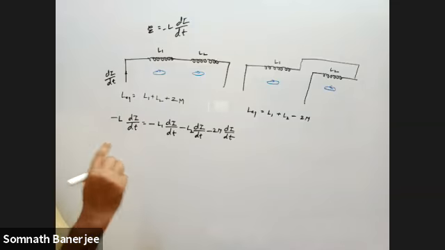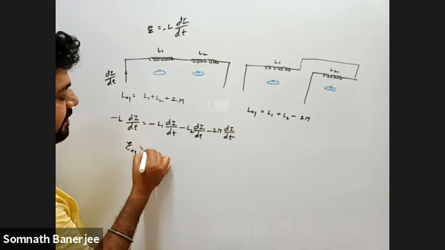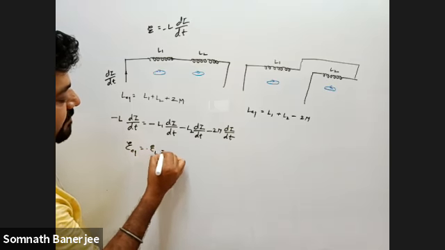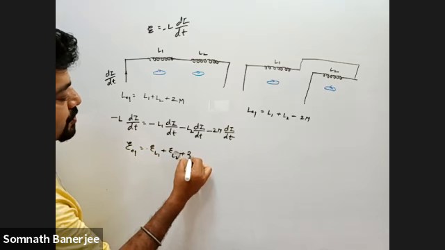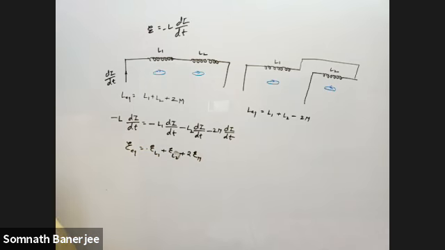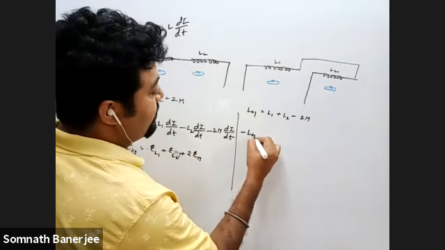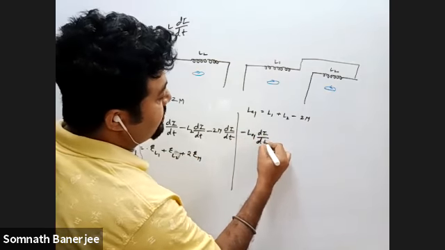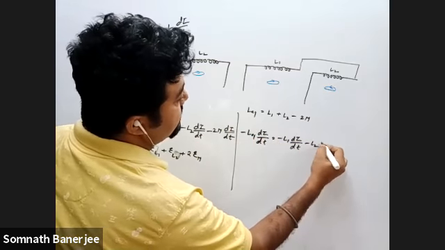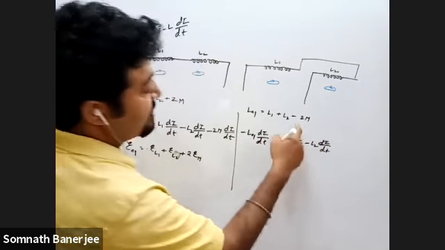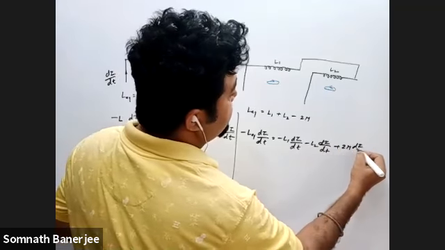So the total equivalent EMF is the EMF due to L1, plus the EMF due to L2, plus 2 times the EMF due to M. And in the other case the reverse happens: minus L equivalent di by dt is minus L1 di by dt minus L2 di by dt, and minus of minus is plus, so plus 2M di by dt.